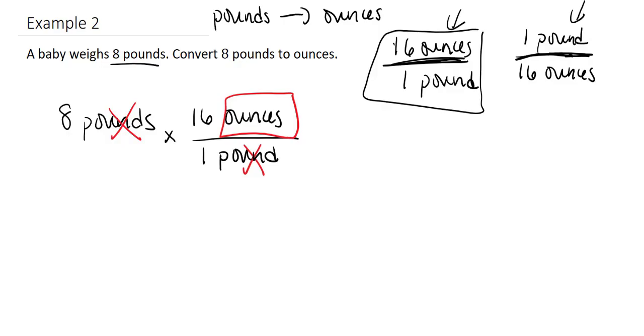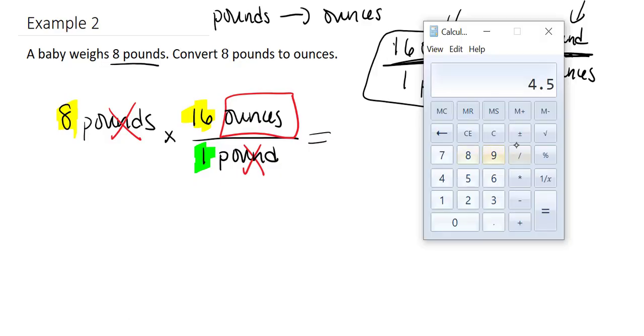Then we multiply what's on the top, and then we divide the product by the bottom. Let's go ahead and do this. So 8 times 16 is equal to 128.